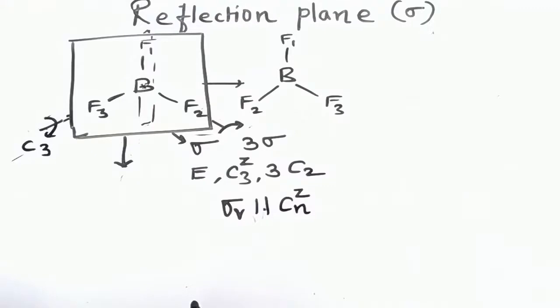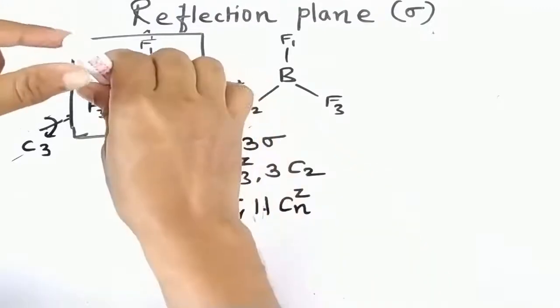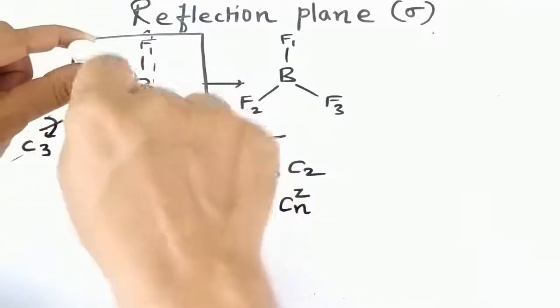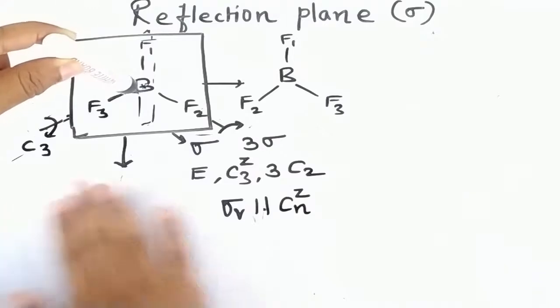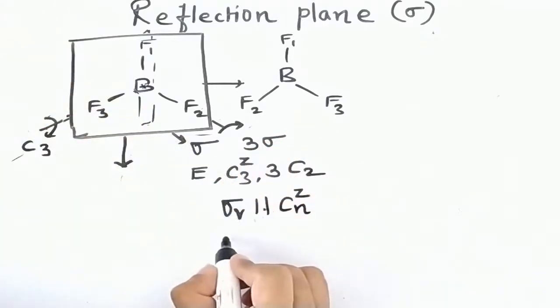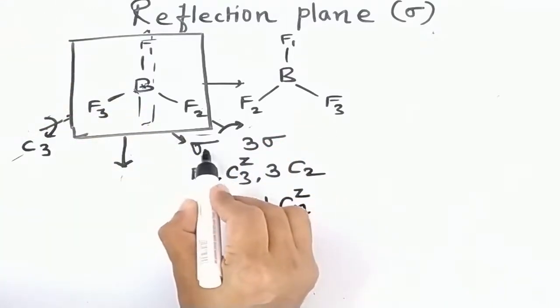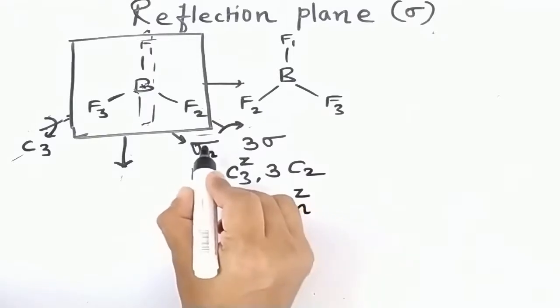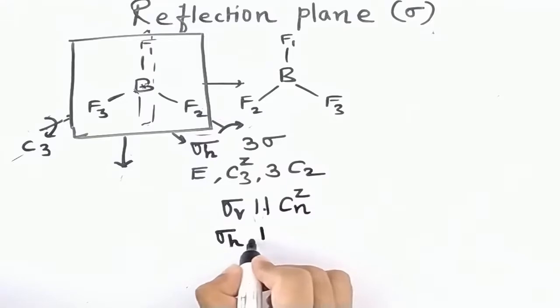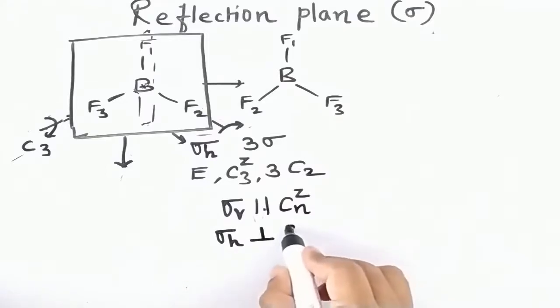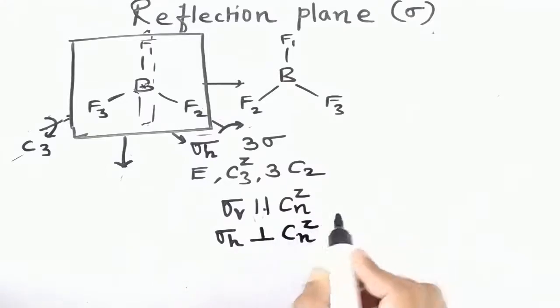This plane is exactly perpendicular to the principal axis of rotation, that is the C3 axis. So this will be termed a sigma horizontal. So sigma horizontal is a plane which is perpendicular to Cnz.